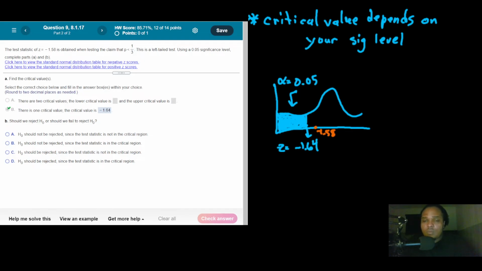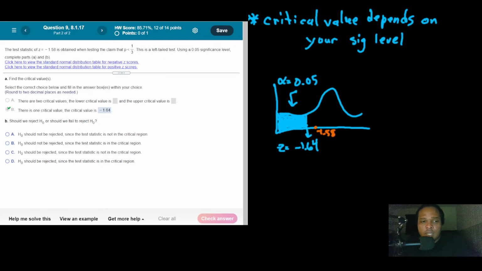Now, question to you: is this negative 1.58 inside the rejection region, this little blue shaded area right here? If the answer is no, you fail to reject. It's not underneath that umbrella. So this is definitely a fail to reject, because it's not inside the critical region.